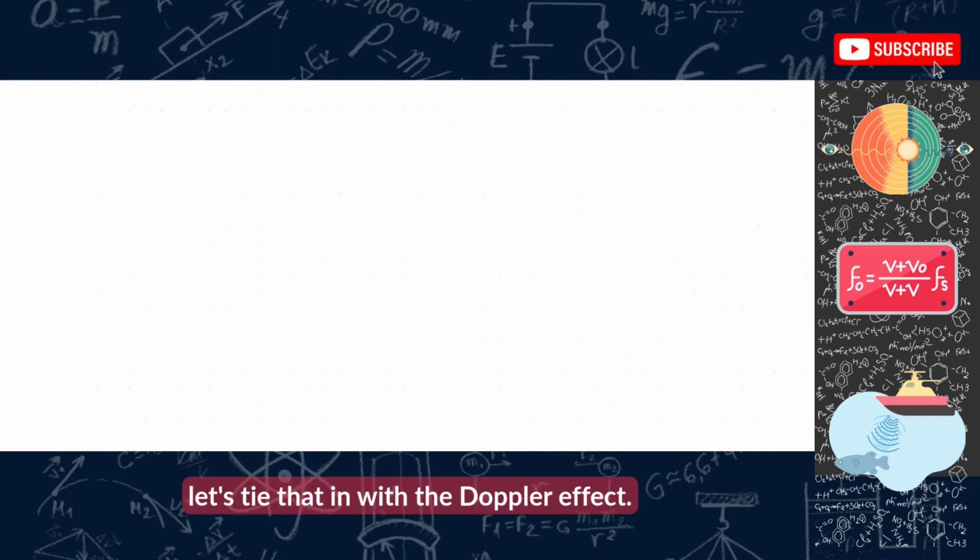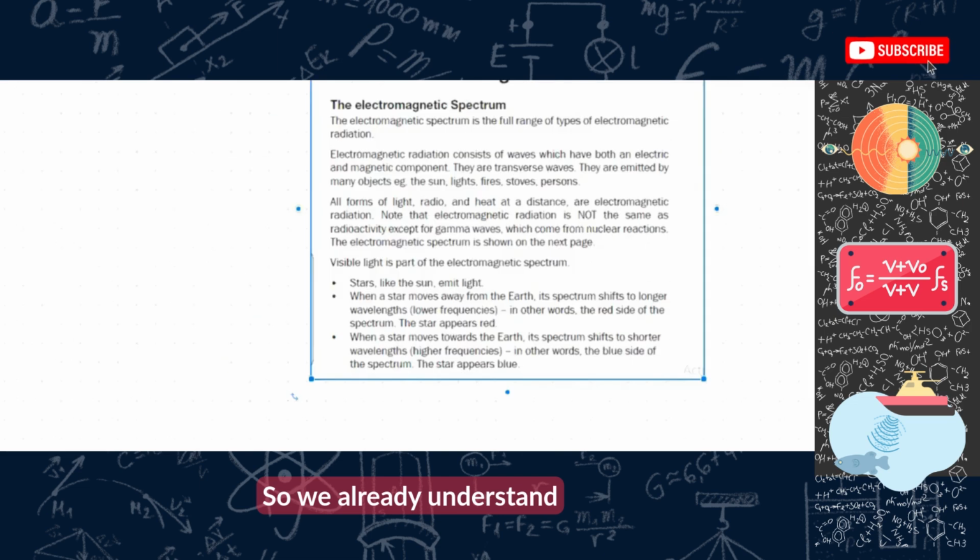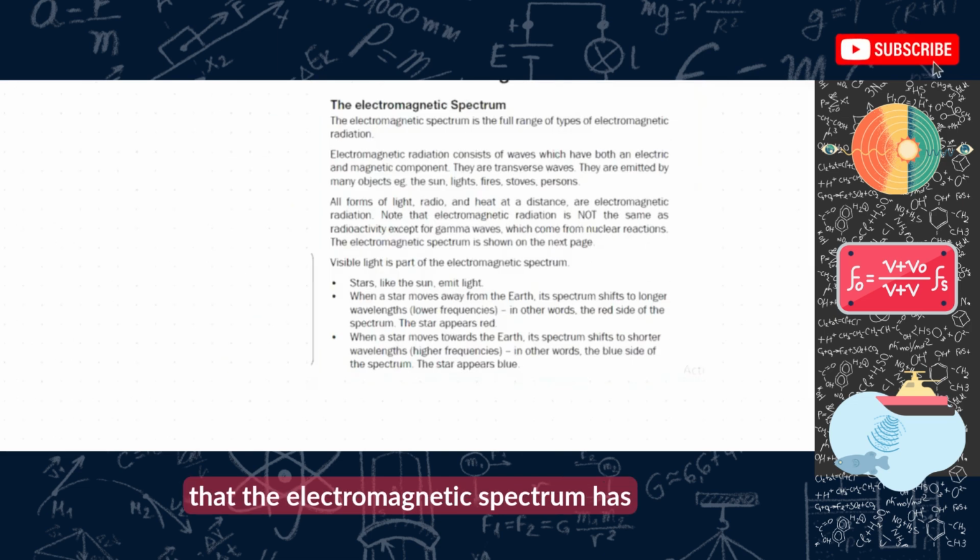Now, let's tie that in with the Doppler effect. We already understand that the electromagnetic spectrum has a full range of electromagnetic radiation. We talked about the microwaves, we talked about the infrared, the gamma rays, and so on. But what we are interested in is the visible light spectrum.